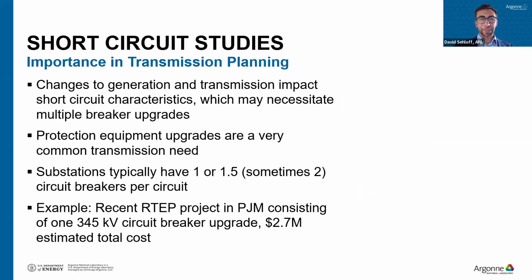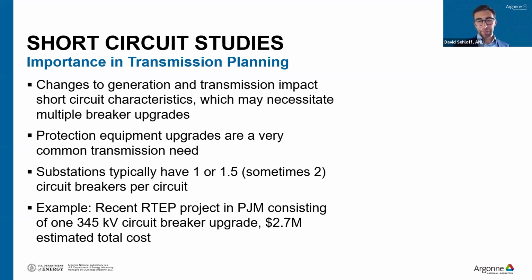And why is this important? Because any change to generation and transmission really can impact the characteristics of the short circuit behavior. And this can lead to the need for one or more upgrades to breakers. So it's a very common need for transmission systems. A substation usually has 1 or 1.5 circuit breakers per circuit that enters the substation.